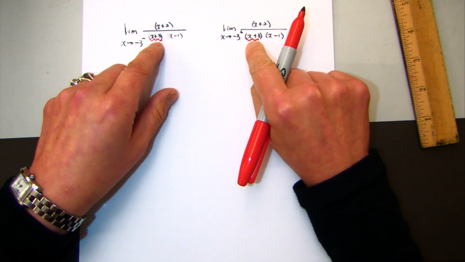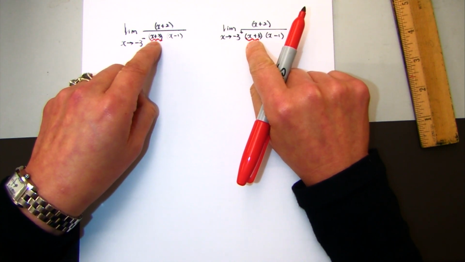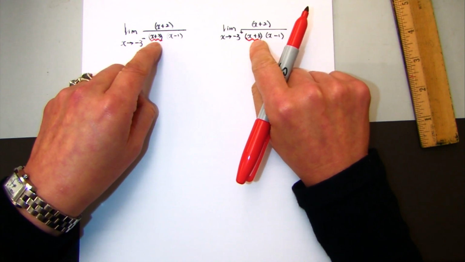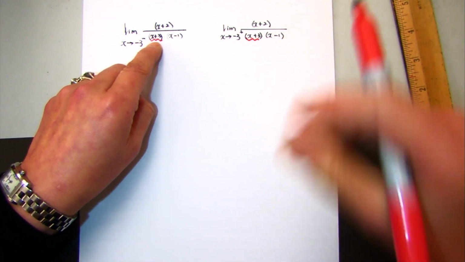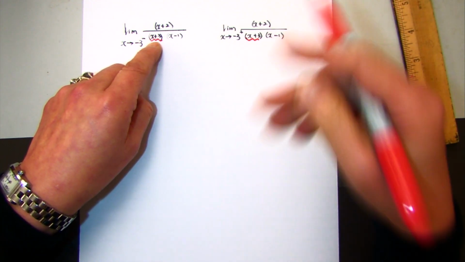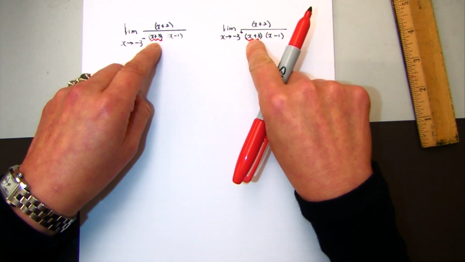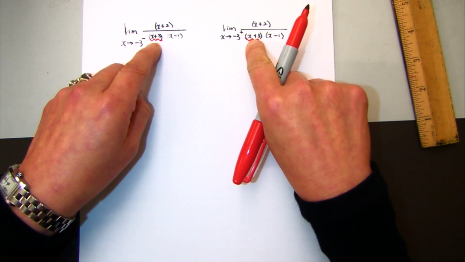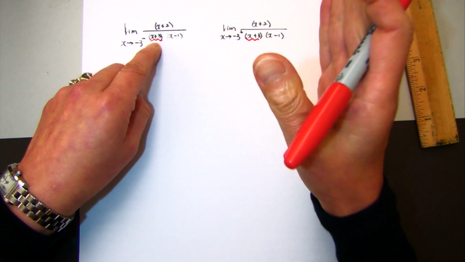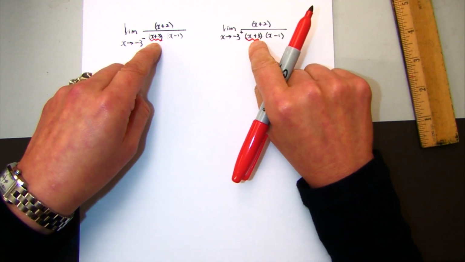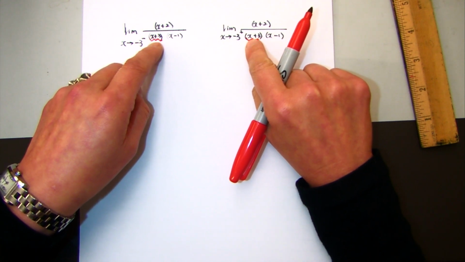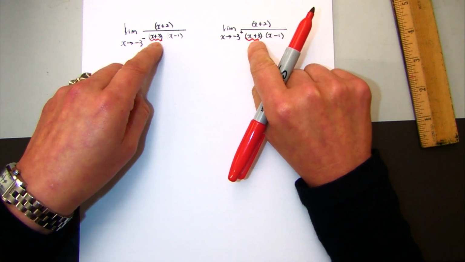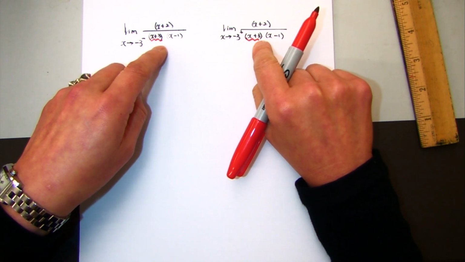Because under these 2 situations, this factor will get really close to 0, and what we really need is that sign. I want to know whether that 0 is positive or negative, because the sign impacts whether your infinity shoots up to the sky or drops down to the earth, -infinity. Okay, so make sure we keep a close watch on the signs on these zeros.